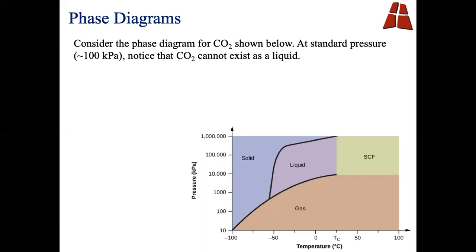Another thing I would point out for a substance like carbon dioxide: if we think about it at typical pressure that we would experience at about sea level, which is about 100 kilopascals, you would notice that if we were to just raise the temperature starting from minus 100 degrees Celsius, going across at the same pressure, we'd never be able to reach a liquid phase.